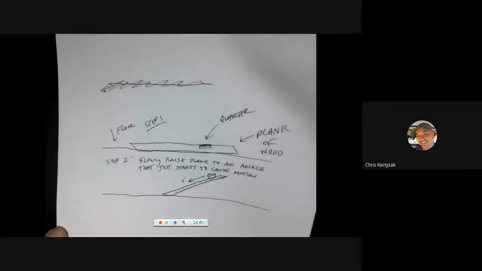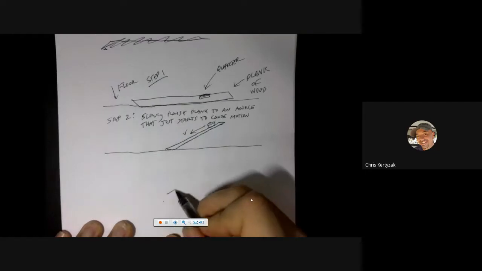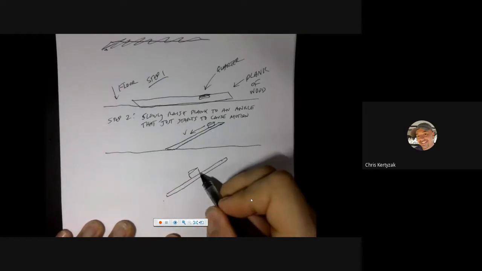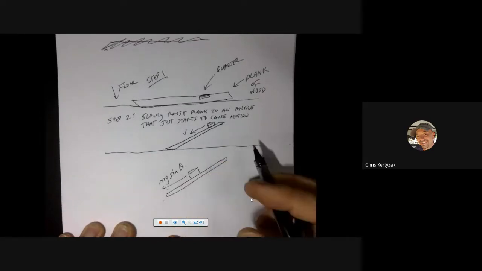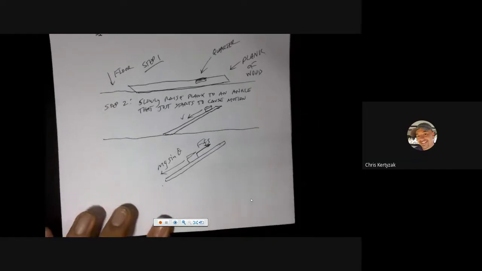If it does start to slide down this ramp, it means that the mg sine theta amount of force that's trying to pull it down the ramp was stronger than the static friction force, right?